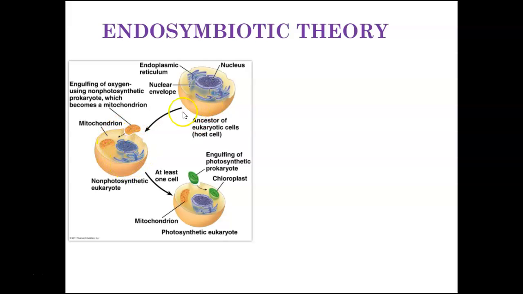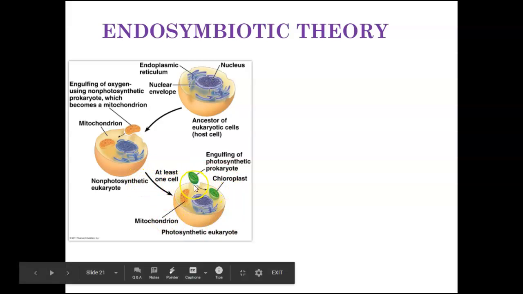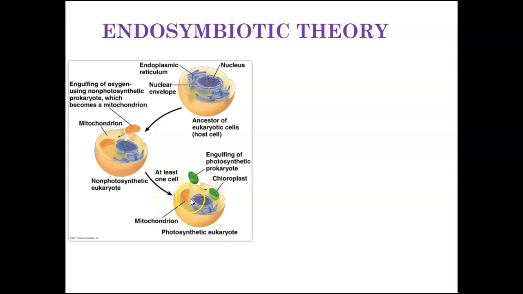So if we follow these arrows, we start with the ancestor of a eukaryote cell, and over time, mitochondria were engulfed, and also over time, chloroplasts were engulfed, leading to a cell with much greater specialization and function, capable of more than its ancestor.